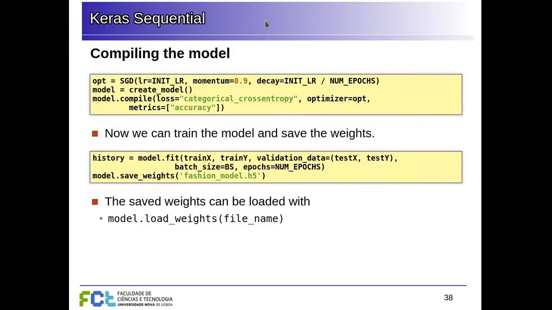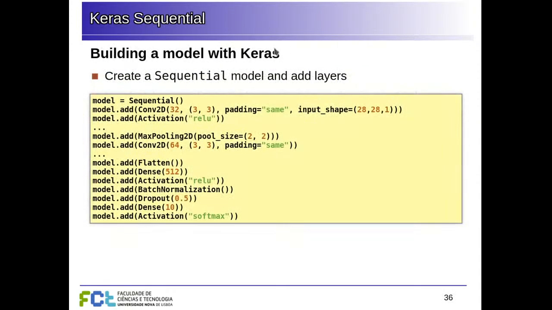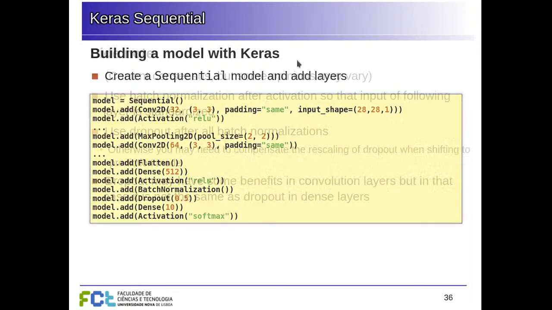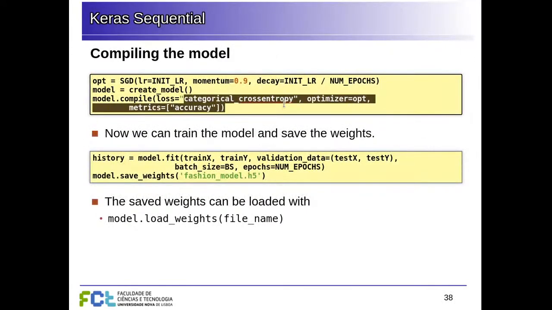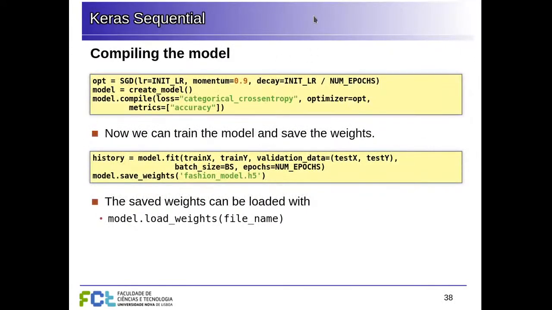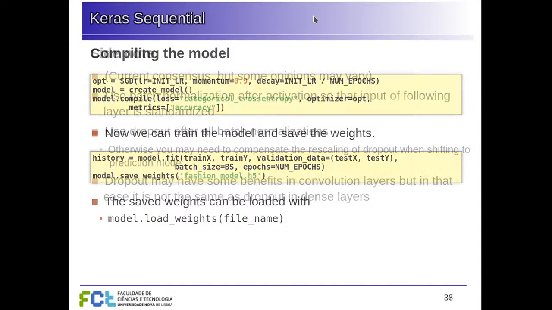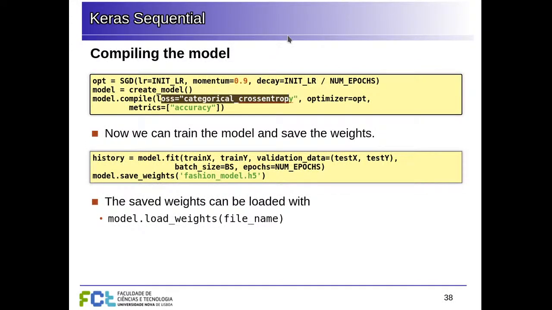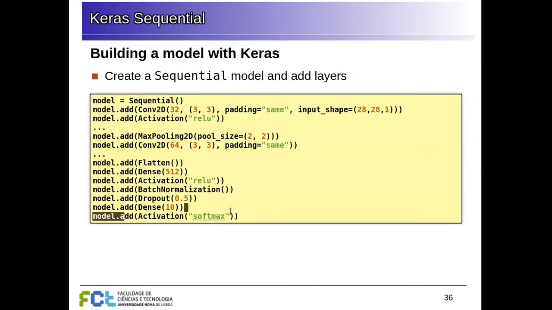Note that when we implemented this in TensorFlow using the basic operations, we had to take care not to include this softmax activation when computing the categorical cross entropy because of numerical stability and so on. But Keras does that automatically. So when we compile the model specifying this loss function and this output in the last layer, Keras understands that it needs to create those other alternatives with the logits and the categorical cross entropy from the logits and so on to avoid numerical instability.